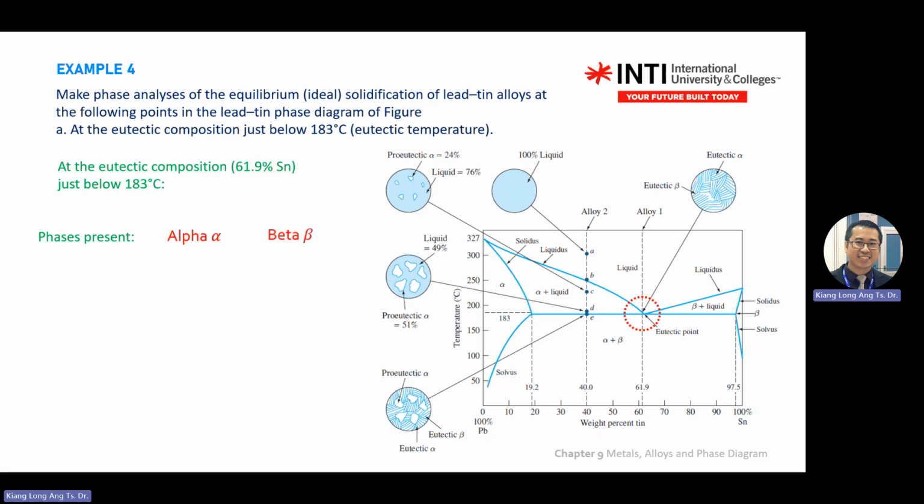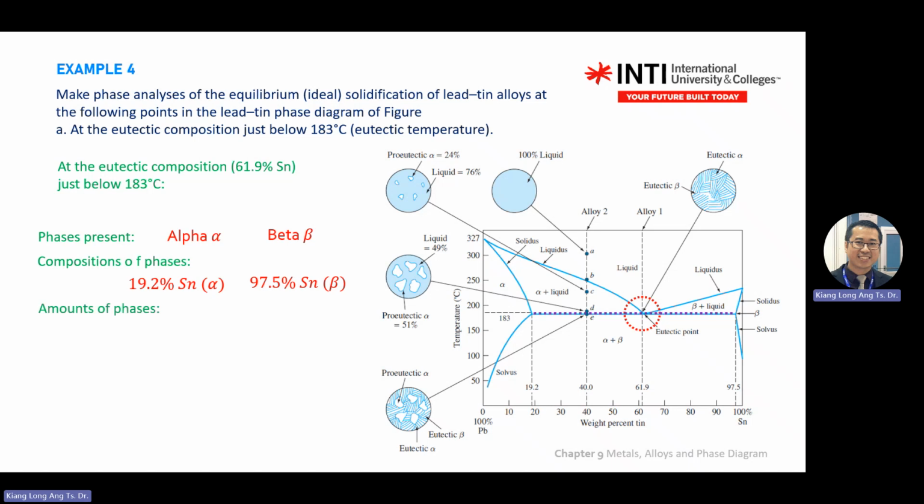Alpha, beta. You don't know how to spell this one, never mind, as long as you copy the alpha symbol and beta symbol. The first one is phases, the second one is composition. Composition is 19.2% Sn for alpha, meaning you read the left point. Beta is the right-hand side point.